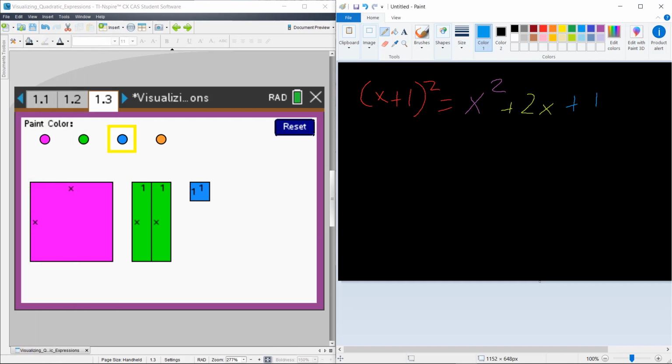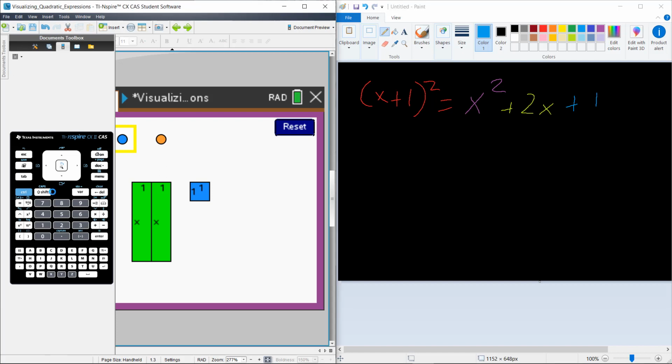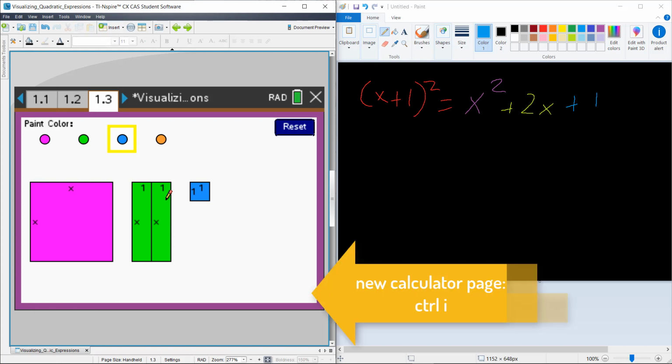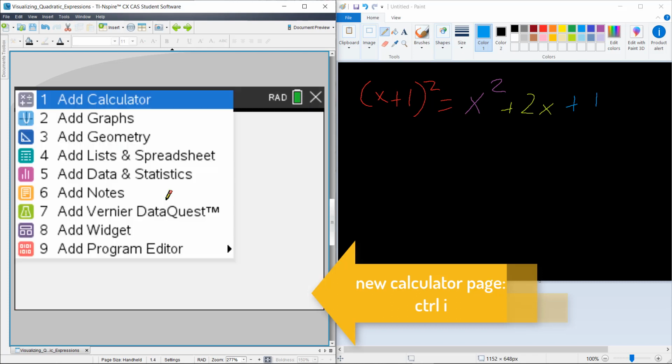If you have a calculator at home, you can do this by clicking on the calculator software and pressing the control key and the dock key, for control and insert page, or you can use control I. Either one of those will insert a new page. That's what I'm going to do here on the computer. So I'm going to press control and I and get a new page.